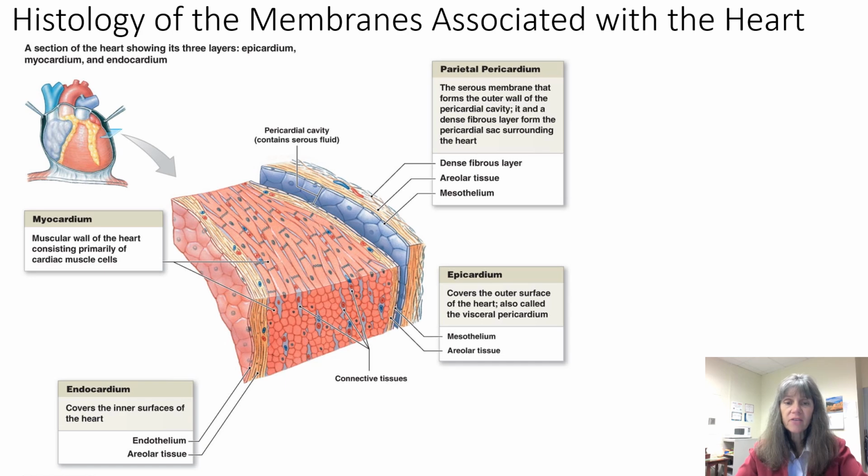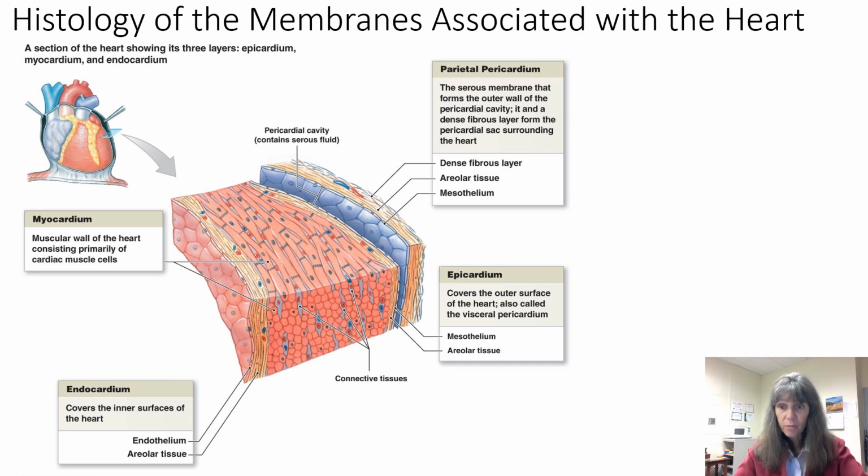If we look to the left, we see the muscular wall of the heart, known as the myocardium, that mostly is made up of cardiac muscle cells and some connective tissue. On the inside of that heart wall, we see at the bottom left the endocardium.